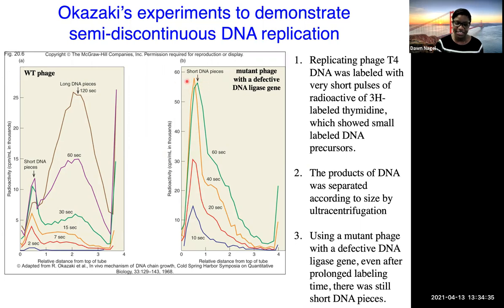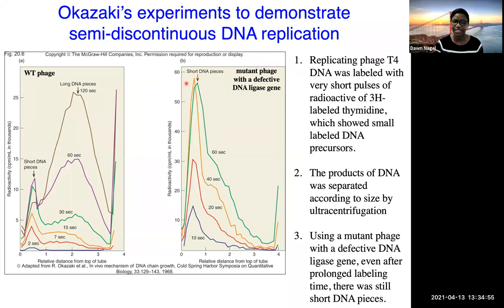So that means that these short pieces of DNA are really just accumulating, but not being stitched together, because they're not getting longer. They're not heavier. So they're shorter, they're at the top of this tube floating around, and they're highly radioactive.